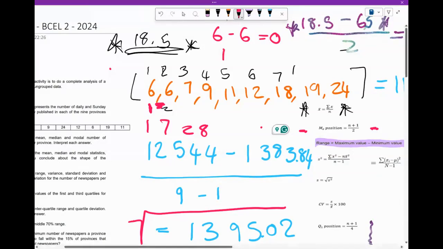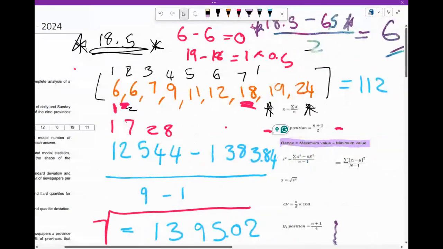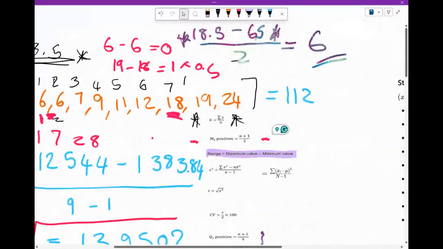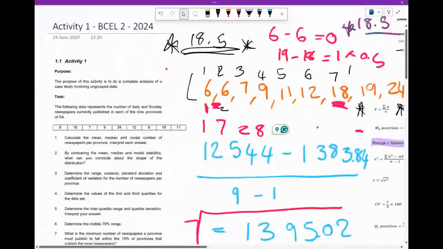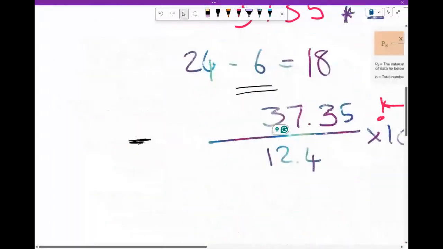We said 19 minus 18, which gave us 1, times 0.5, which gave us 0.5. Then we took the 18 plus half, which gave us 18.5. We're doing the same thing, but now because we're saying 6 minus 6, we get 0. So there is no half to add on to the initial 6, so we just say 6. So we've got our first amount there, we've got our 6.